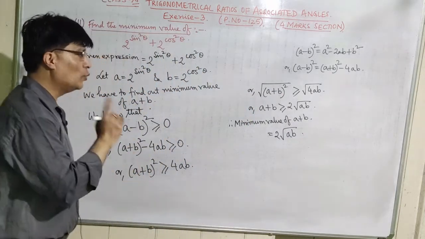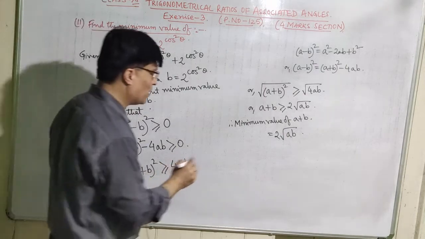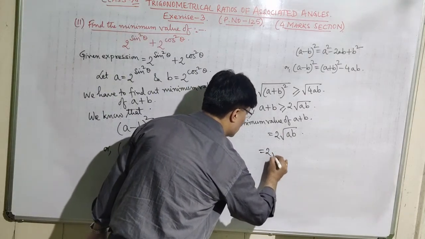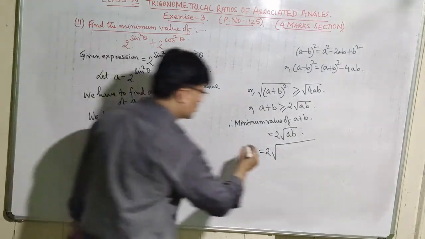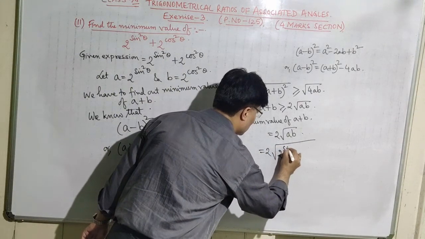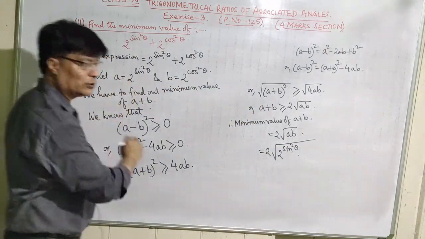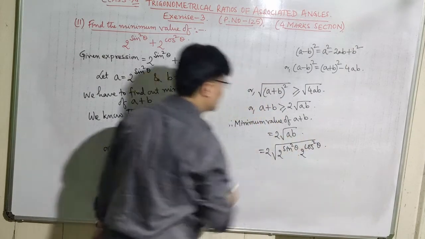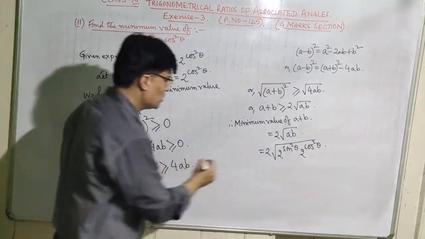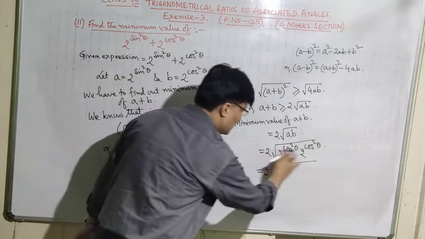That means we can put the value for a and b. What is a here? 2 to the power sin square theta. And what is the value for b? 2 to the power cos square theta. So this is equal to 2 root over, now we can multiply them.